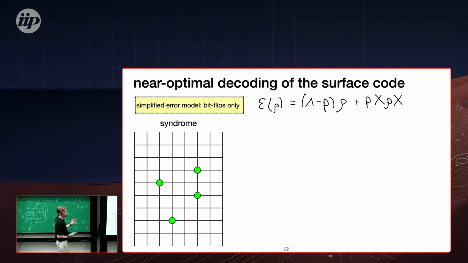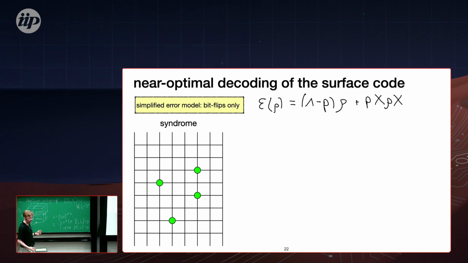Then the most likely error decoder, so the most likely error that can happen, will be the error that has the lowest weight, right? Because as long as p is smaller than 0.5, it's always most probable that an error with the lowest weight has happened.